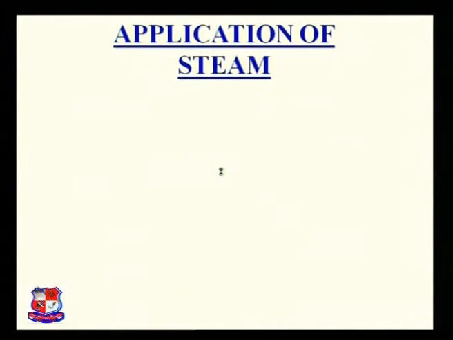Now, before we study the complete chapter of properties of steam, we must know the application of steam, why we have to study the steam, and where exactly steam is being utilized.